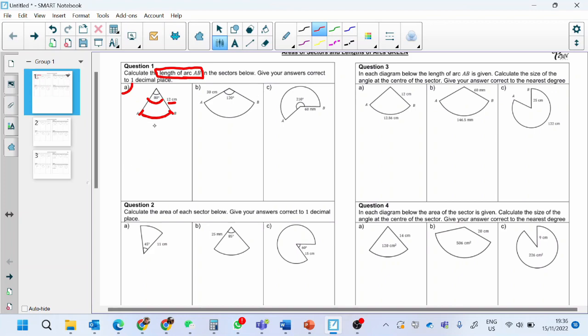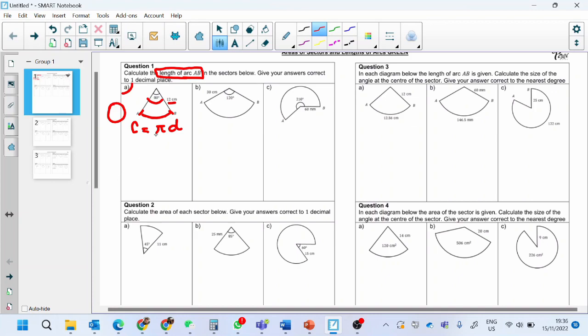When we have to find the circumference of a whole circle, the formula is C equals pi d, where d is the diameter.